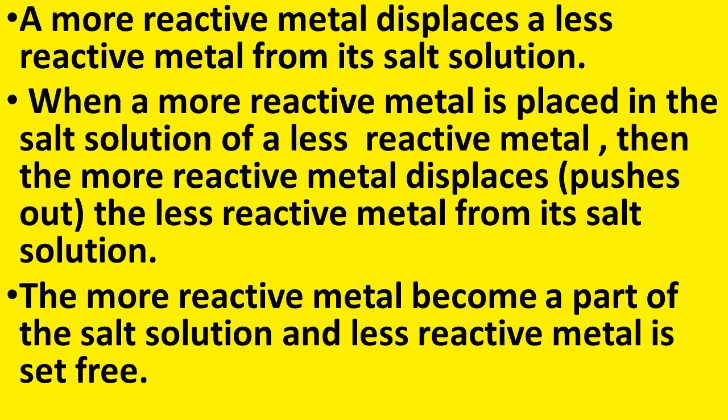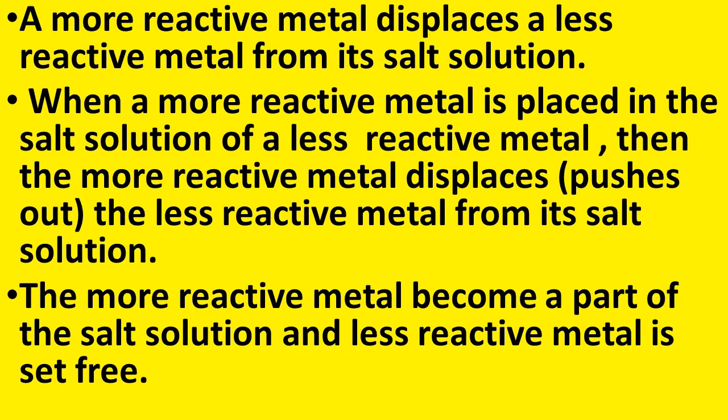So, if we keep a more reactive metal in a salt solution of a less reactive metal, then this more reactive metal pushes out or displaces the less reactive metal from its salt solution and takes its place. That is, a more reactive metal displaces a less reactive metal from its salt solution.